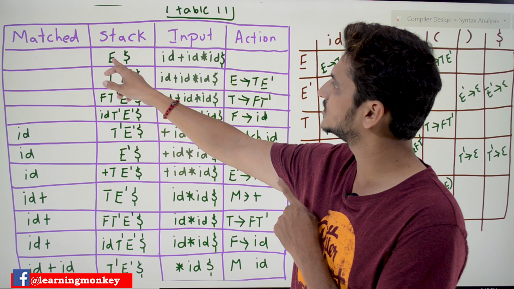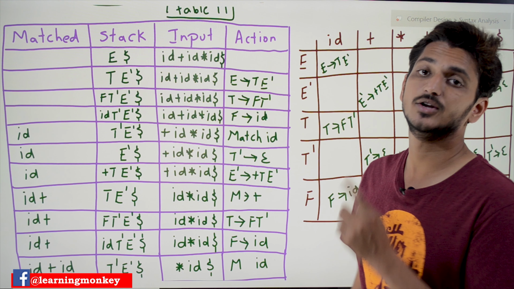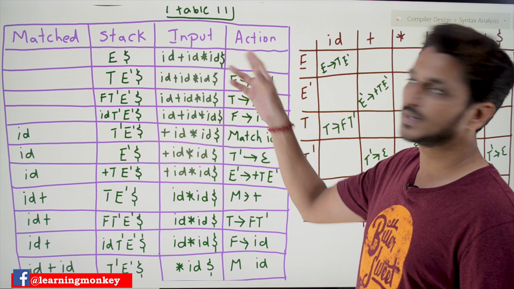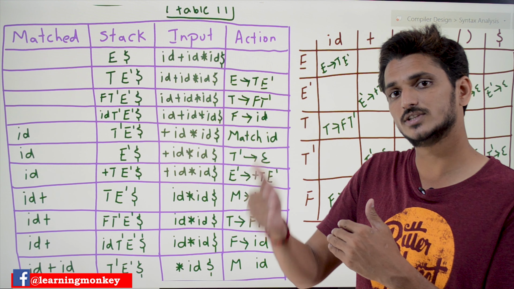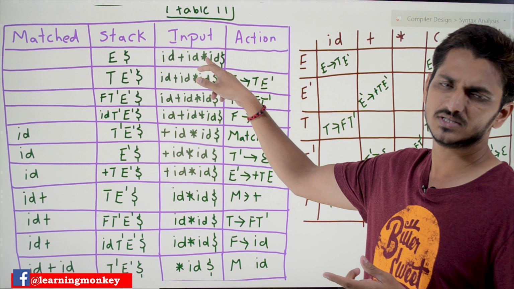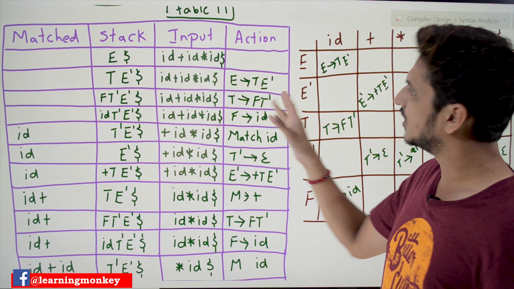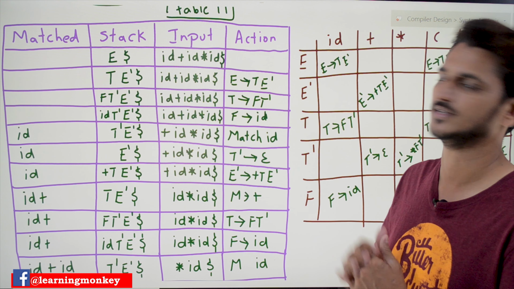Top of the stack consists of E and the input consists of ID plus ID star ID dollar symbol. A plus B star C, after lexical analysis, is converted like this: A means ID, plus, B means ID, C means ID, so ID plus ID star ID dollar. This is the input that comes to the parsing phase.